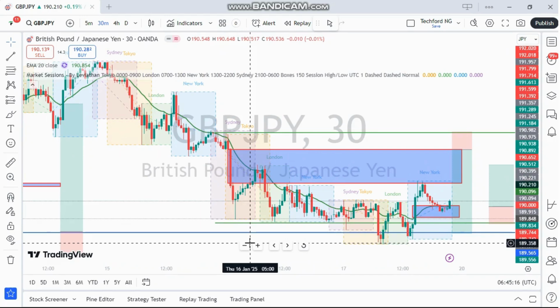Now note, it can be between three mixed candles. Let's say the first candle is a buying candle, the second candle is a selling candle, and the third candle is a selling candle, and you have a space between these three candles. It is also known as a fair value gap, right?